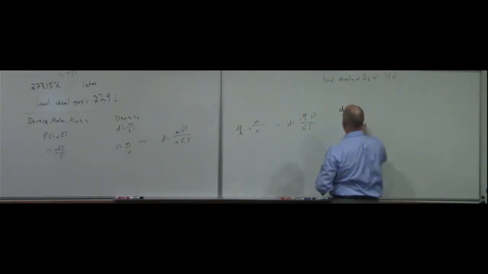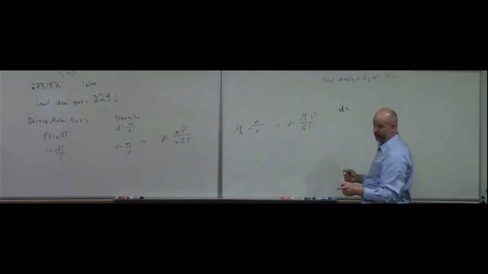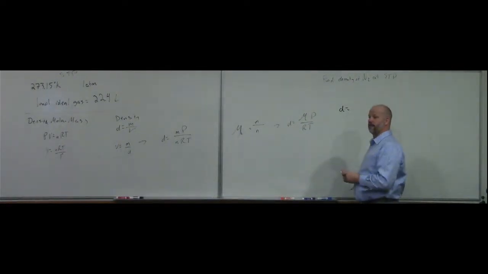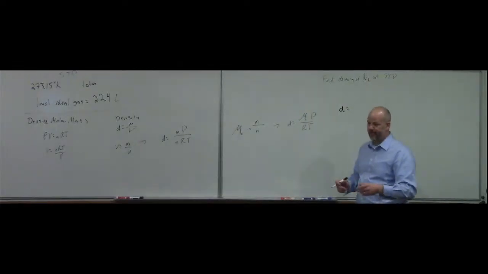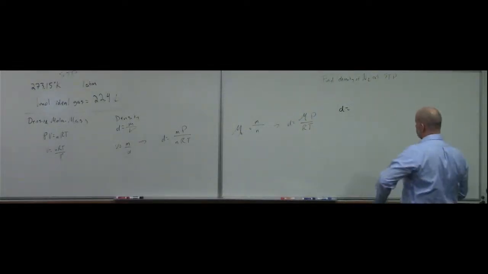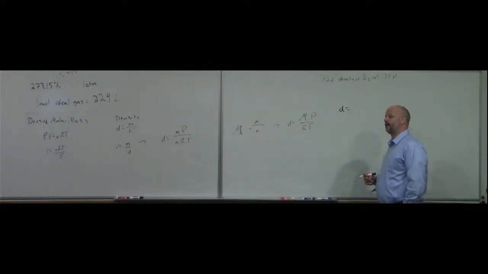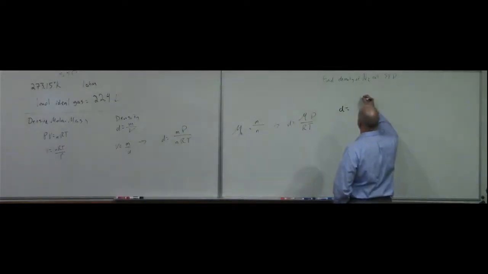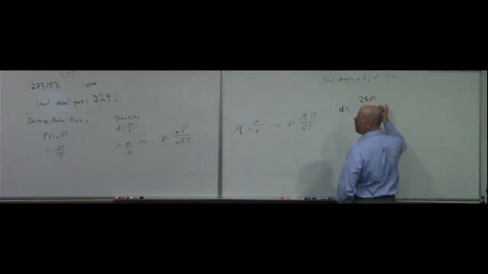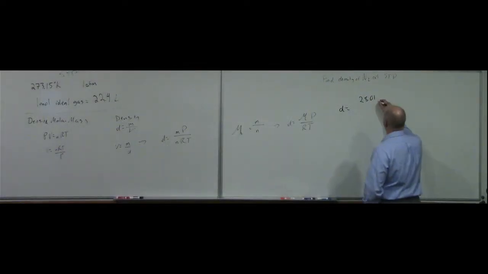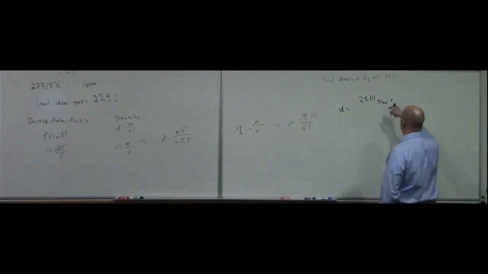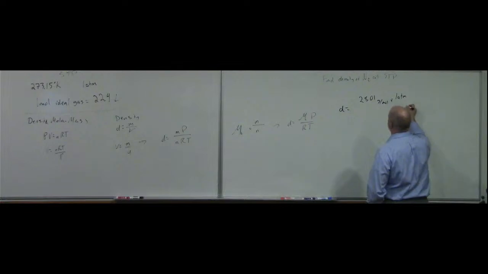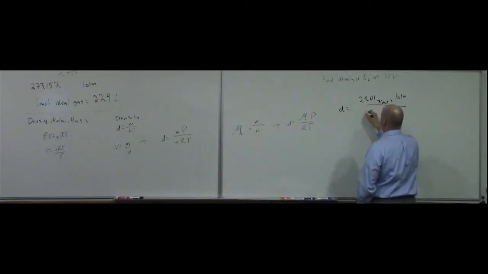We plug in the molar mass of diatomic nitrogen: 14.007 times 2, so 28.01 grams per mole, times the pressure at STP, 1 atmosphere.